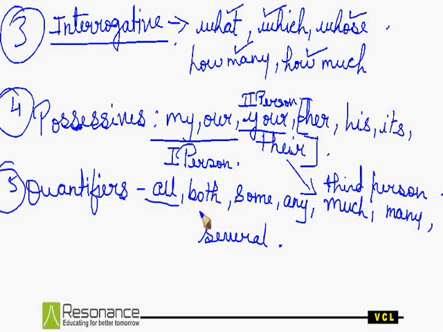All means the total entity or extent of the total number, amount, or quantity. All the members of the staff were on an indefinite strike.